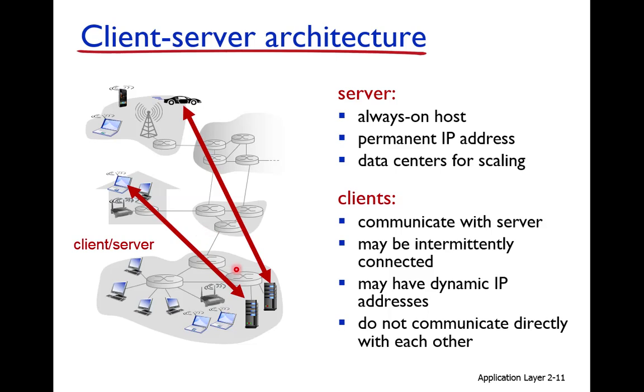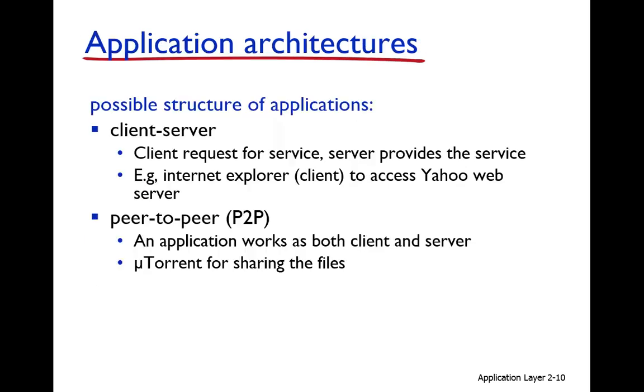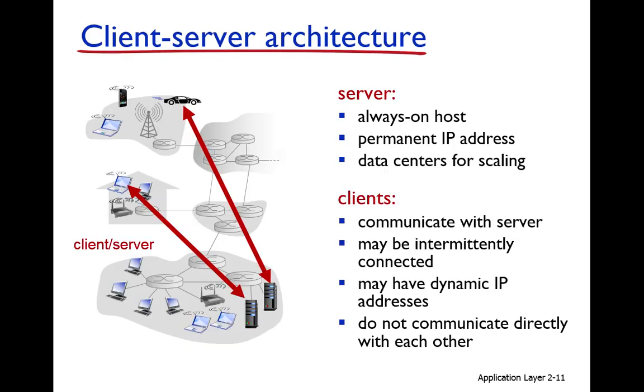They are requesting services from the server, whether to access a file, an image, or to know about something, etc. Usually the server runs on one particular machine, or it may run on multiple machines, for example in a data center.